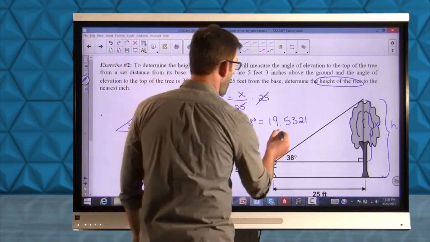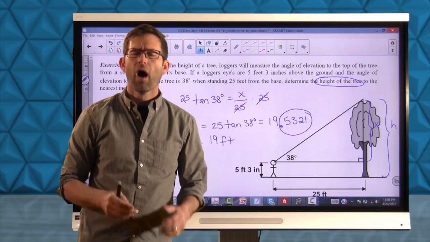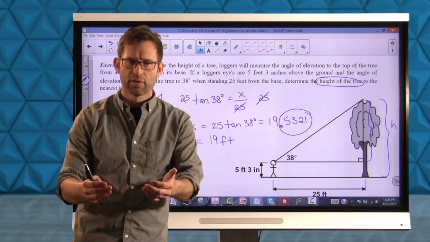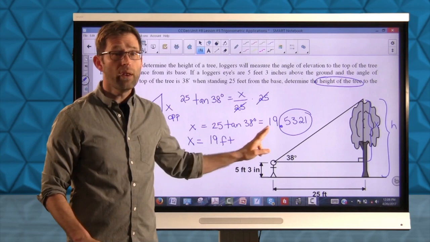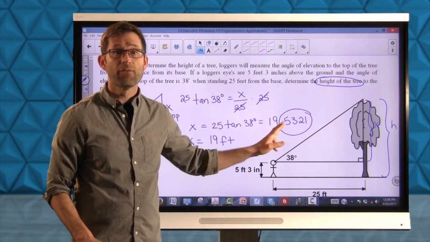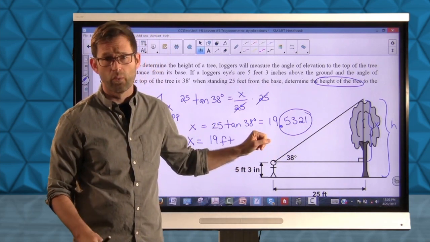Well, keep in mind that what we've really got is 19 feet plus another 0.5321 feet, right? A little bit more than half of a foot, right? Really important here, we don't have 19 feet and 5 inches or 19 feet and 53 inches. That would be really weird, right?